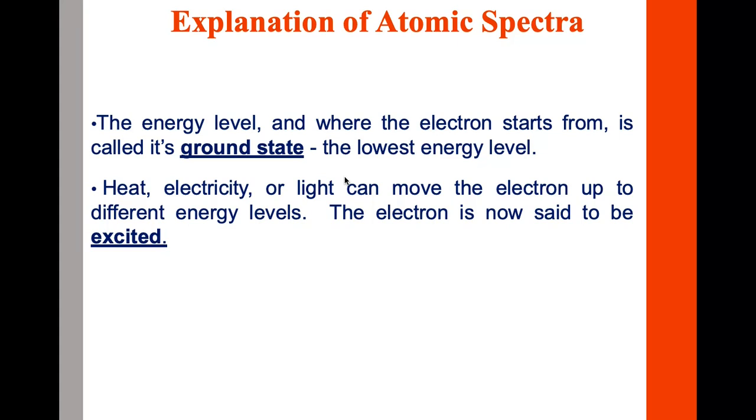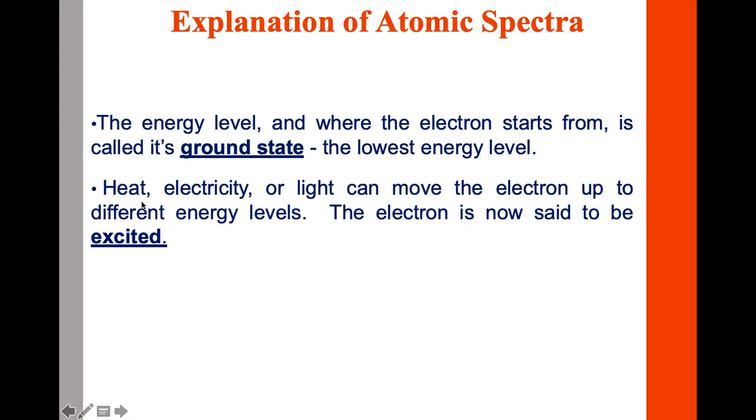But when heat or electricity or light is provided to these electrons, they can absorb that energy and they can move to a higher energy level. In this state, the electron is said to be excited.